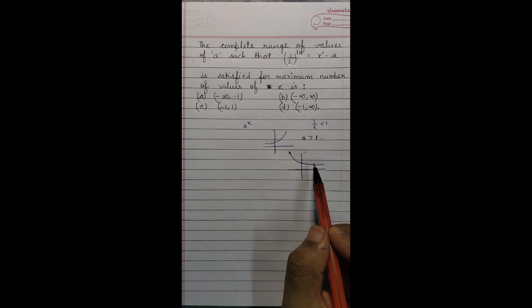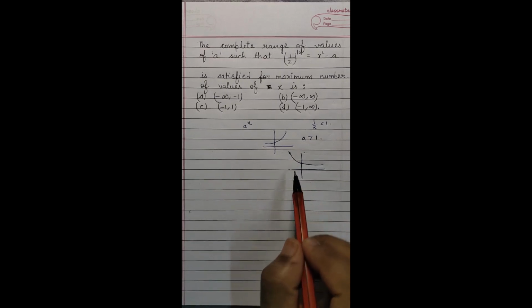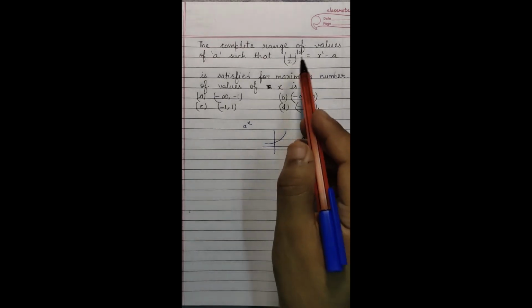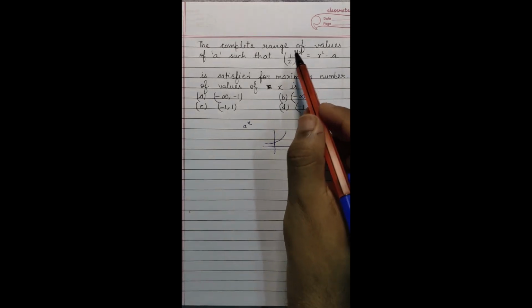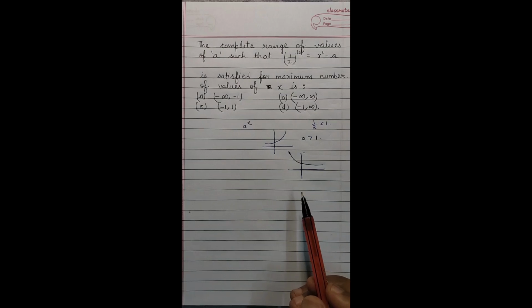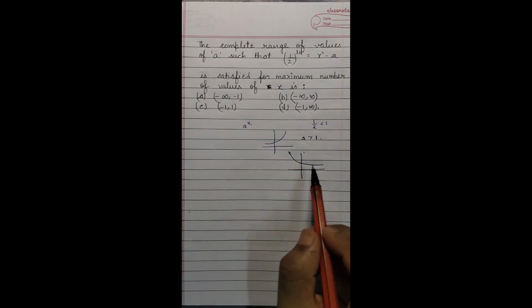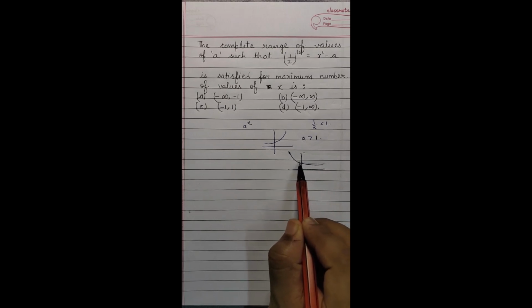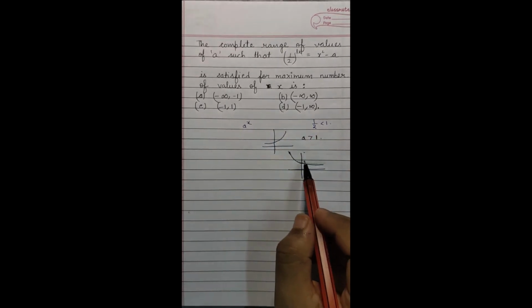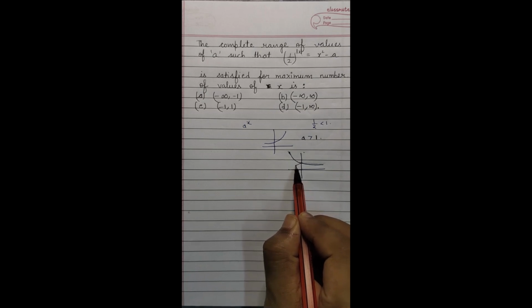But since we are taking mod of x, whatever negative values I take for x will also show the same result as for the positive values of x. So for the positive values of x the graph is going down like this, and for the negative values the graph is going up, so it becomes like this.